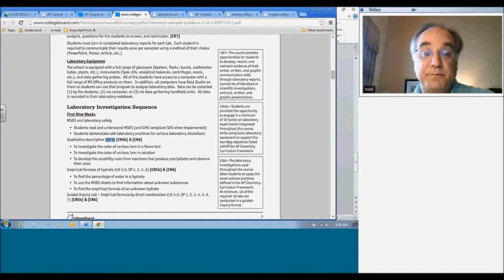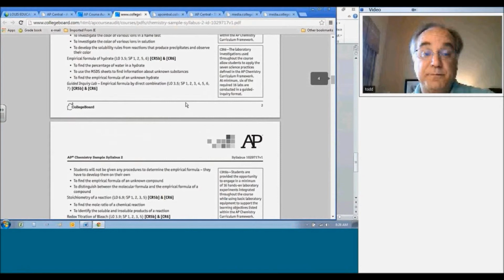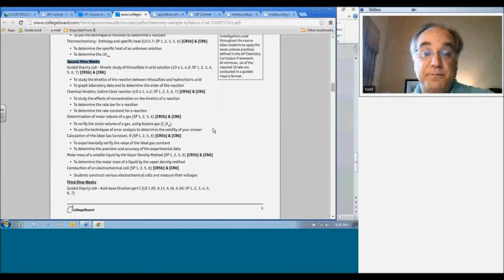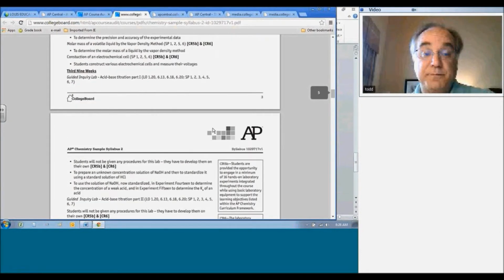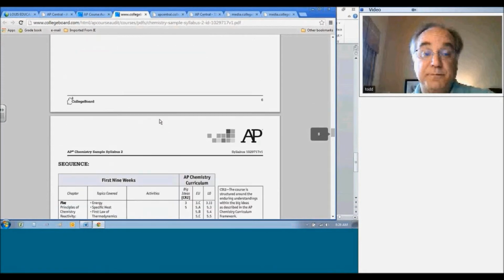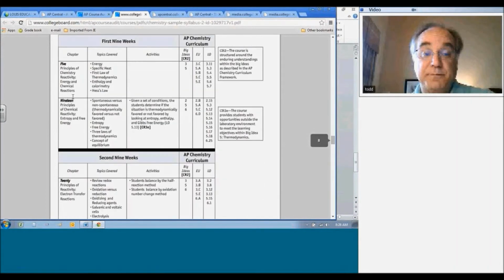And you can see that the syllabus is annotated right here along the side with each of the curriculum requirements, explaining how this part meets this curricular requirement. And this one is laid out in 9 weeks. You can lay yours out as semesters, 6 weeks, 9 weeks, trimesters. And it goes through, there's a summer homework component, and then laid out by chapter.